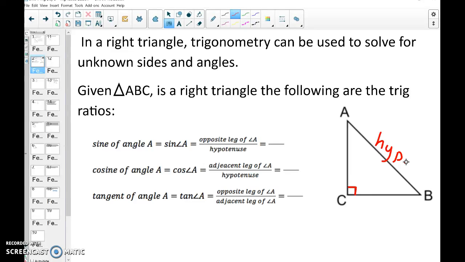And then opposite and adjacent are always based on whichever angle you're using. You can't use C because that's the right angle, but A and B are the ones that we're going to pick. If I look over to the left-hand side, all of these are talking about angle A. So obviously that's my angle I need to focus on. So if I look at angle A, and I pretend like I'm standing in that corner.